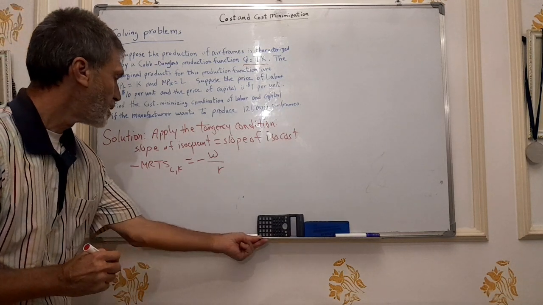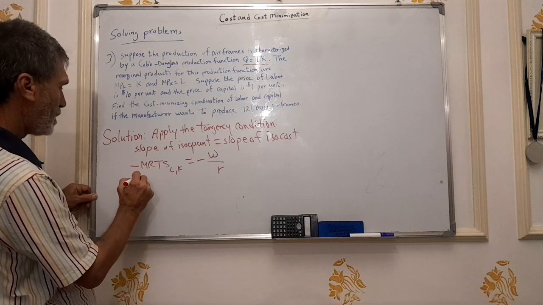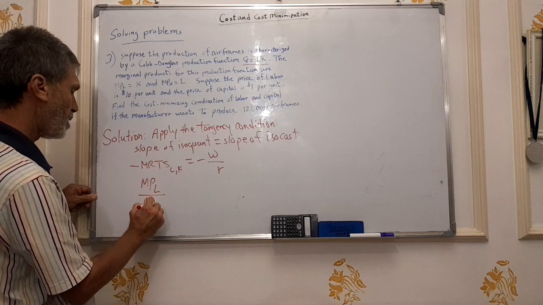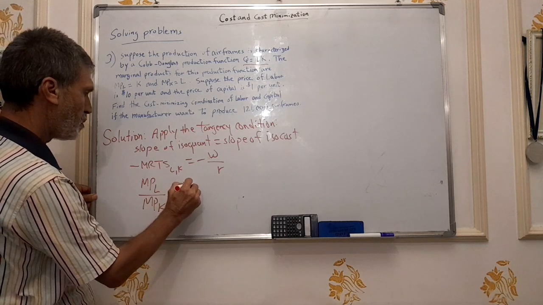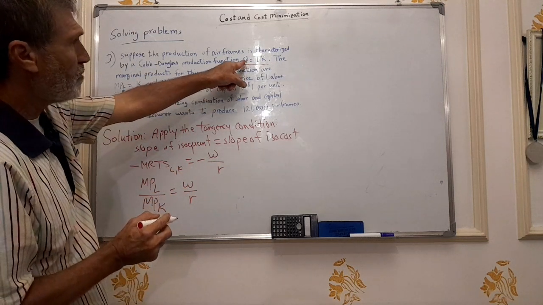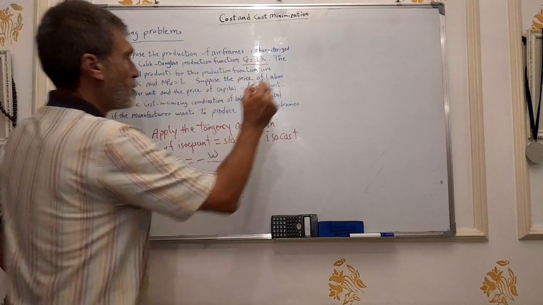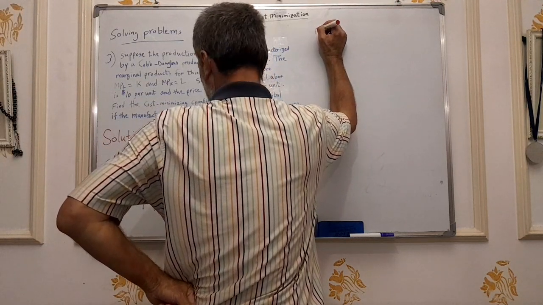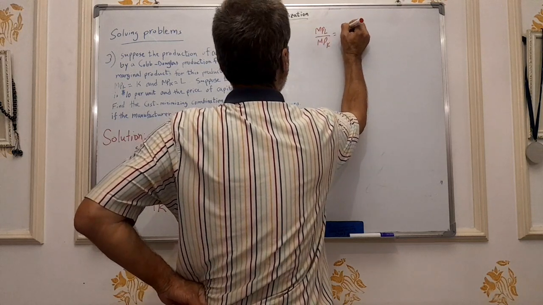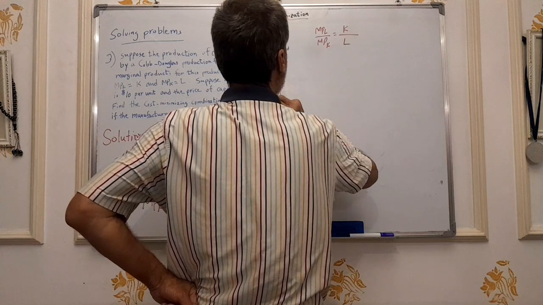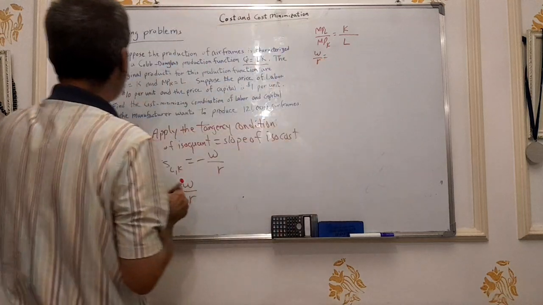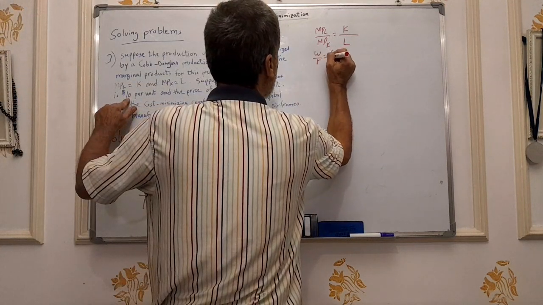Therefore, the marginal rate of substitution is going to equal the ratio of the marginal product of labor over the marginal product of capital, which should equal W over R. So therefore, MPL: we find the derivative of Q with respect to L, which is K. So we get MPL over MPK equal to K over L. And W over R is going to be 10 over 1.